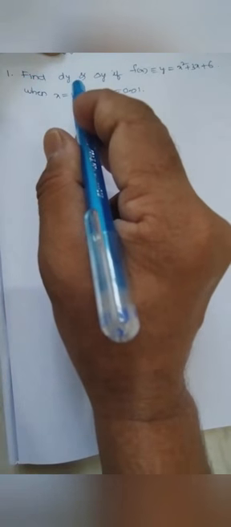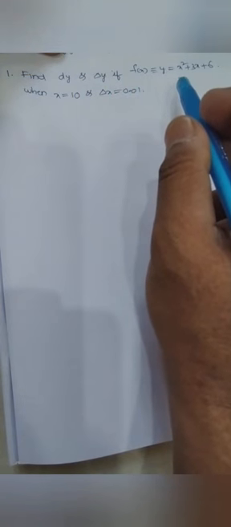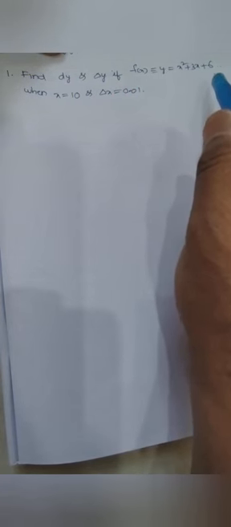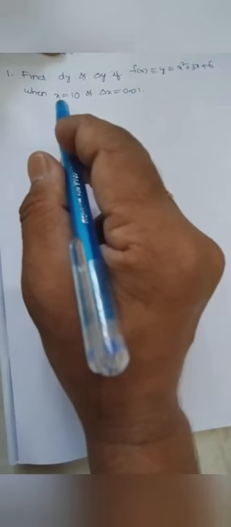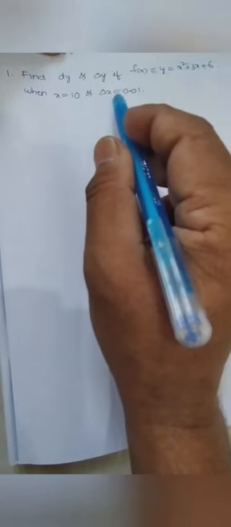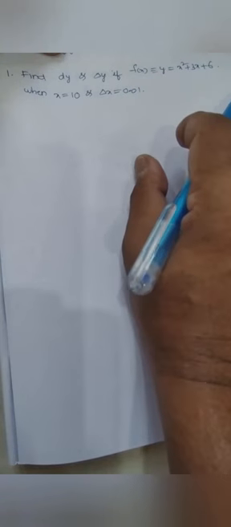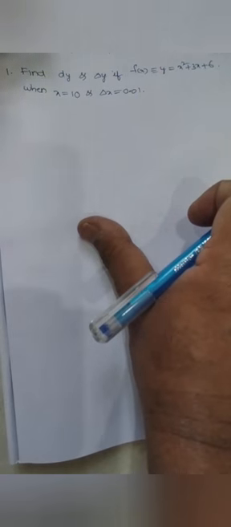So we are going to solve one problem: find dy and delta y if f of x is equal to y is equal to x square plus 3x plus 6, whenever x is equal to 10 and delta x is given as 0.01. So in these types of problems we will have simple calculations, and we have to apply the delta y and dy formulas here.